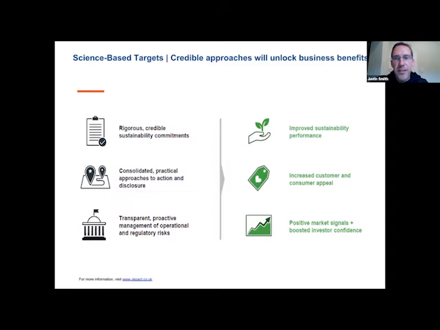And then finally also that doing this will lead to improvements in sustainability performance, increase in terms of the reputational side again, or the profiling side in terms of your customer base and your broader stakeholder base. And I think critically also showing those positive shifts and signals in the investor space and in terms of building confidence around that kind of shift towards a net zero world.